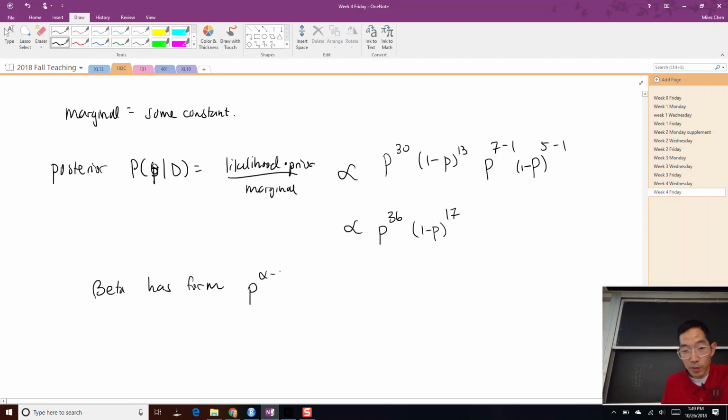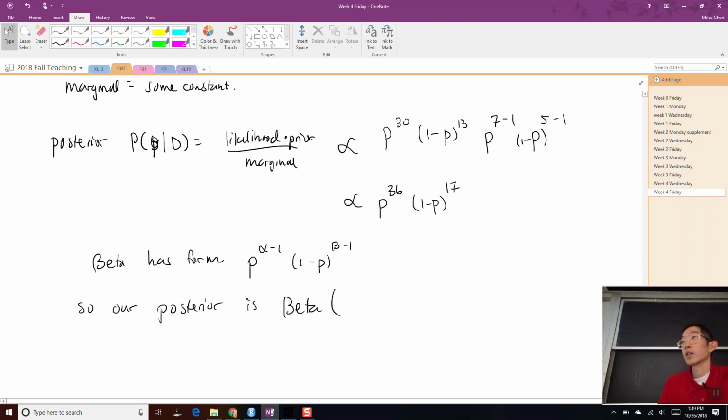All right, and we say a beta distribution has the form P to the alpha minus 1 and 1 minus P to the beta minus 1, okay? So our posterior is going to be beta with, what's our alpha? 37, and what's our beta? 18, okay?